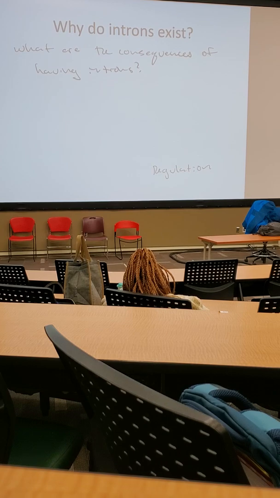I agree, there's a consequence. We can regulate genes specifically with introns. Introns often carry regulatory regions. That adds another level of regulation. What might be another consequence? We talked about a couple of them.